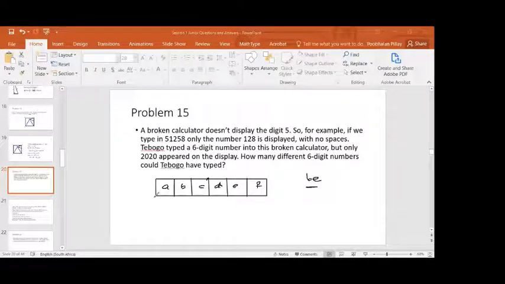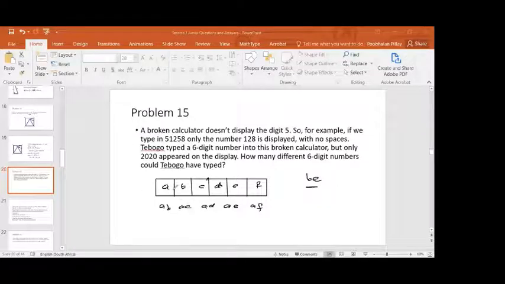Okay, now we can actually count them. We can say, okay, the first one could have been an A, then the second one would have been AB, AC, AD, AE, AF. We could have had 5s in A and B, or A and C, or A and D, and so on.